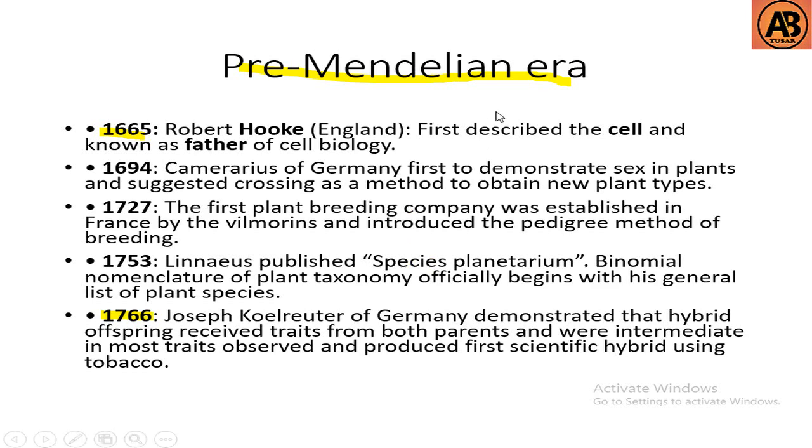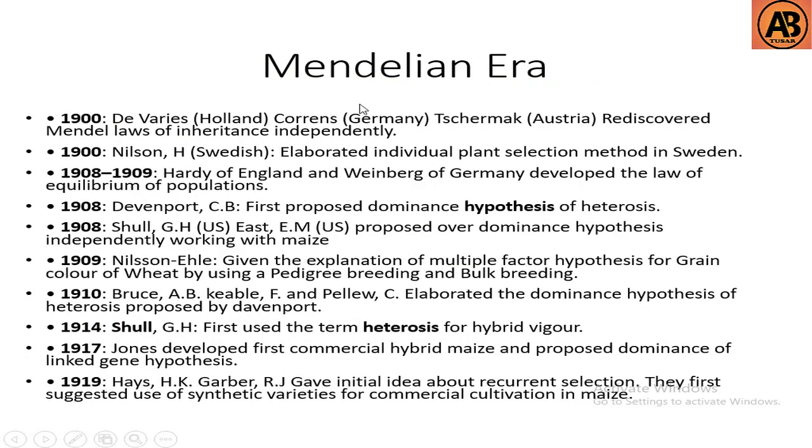Then after the Premendelian Era comes the Mendelian Era. Here we can see 1900 to 1919, and this duration is known as the Mendelian Era. In the Mendelian Era, we can see different scientists who worked here.